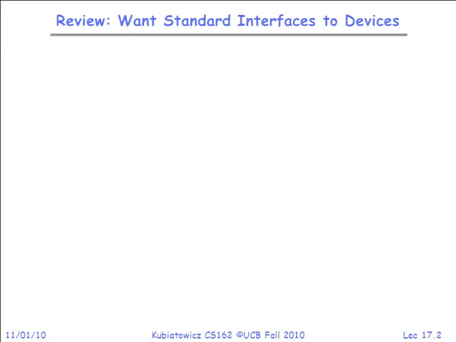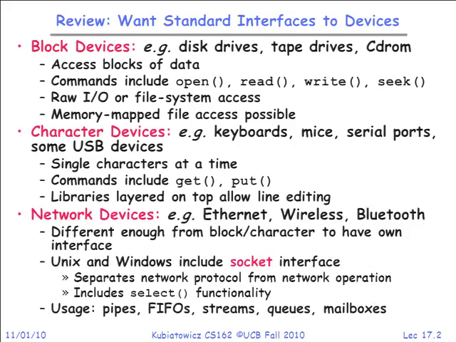So, last time we started talking about devices, and we mentioned that there are at least three categories that people typically think of as devices in modern systems. Those are block devices, character devices, and network devices. To some extent, the fact that there are these categories is a little bit physical.